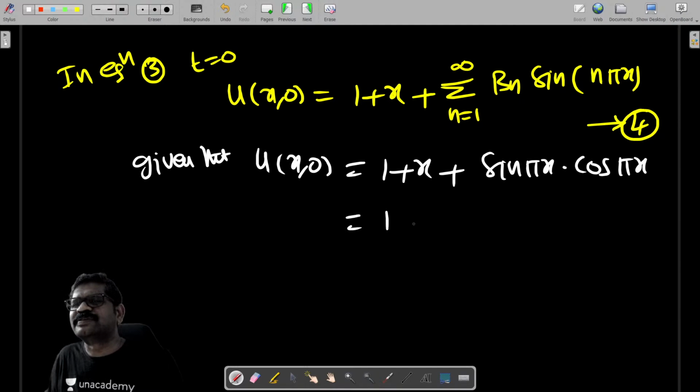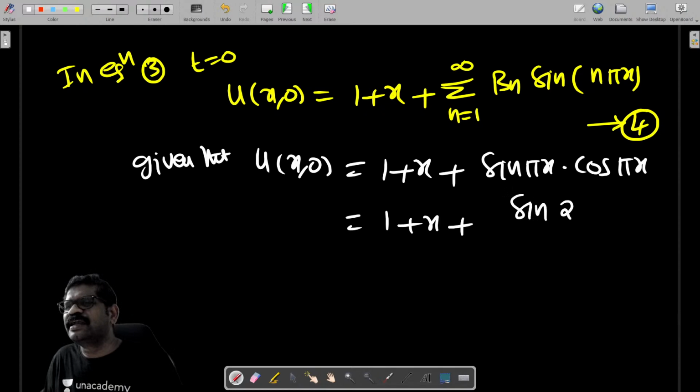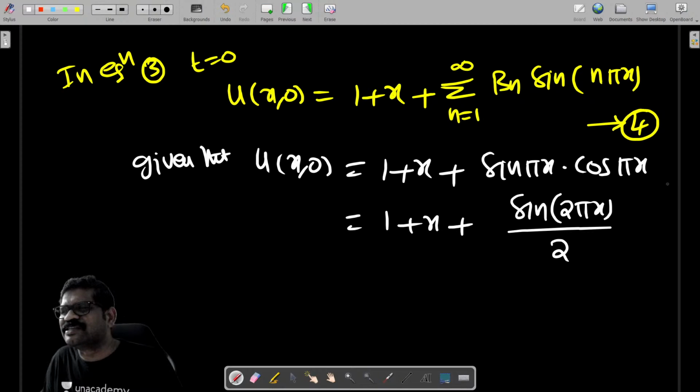This can be written as 1 + x + sin 2 pi x / 2. I have written 1/2 into 2 sin pi x cos pi x, so sin 2 theta by 2. Call it equation 5.